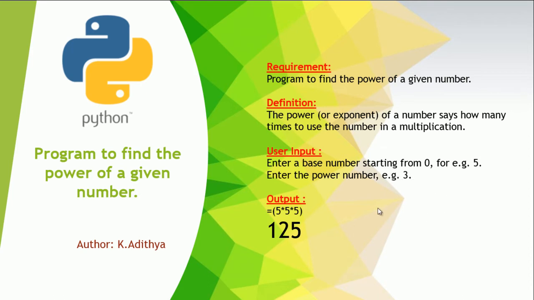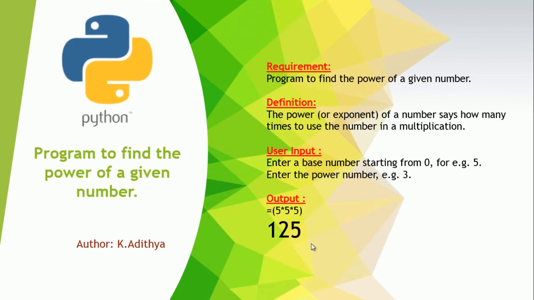The output will be 5 into 5 into 5, which is base into base into base, and the number of times we multiply the base is the power number. So the output will be 125.